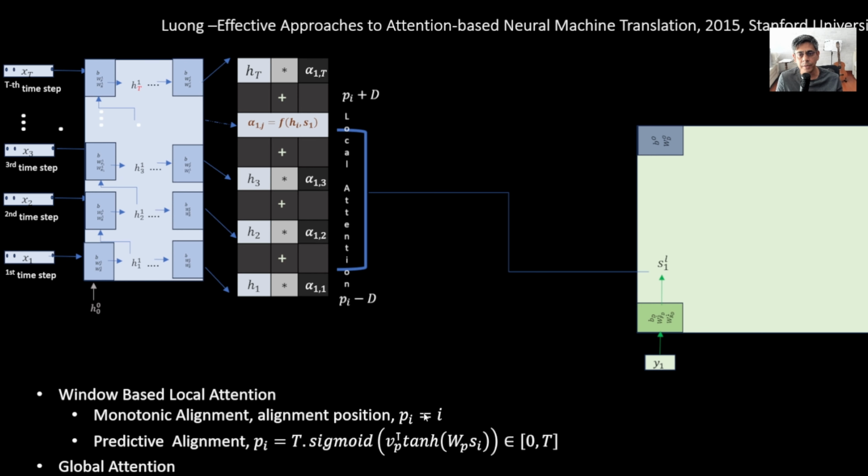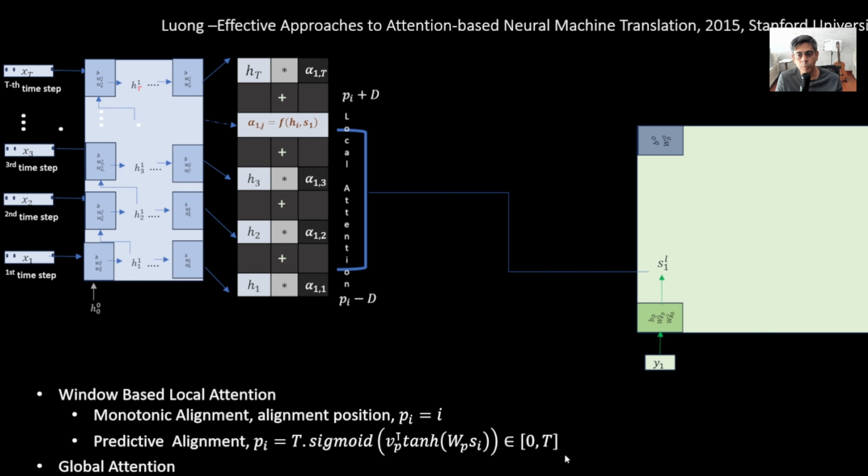So pi is equal to the ith step itself. That's the monotonic alignment. The second way the position can be determined is by a learned prediction of the position, wherein there is no assumption of one-to-one correspondence, but the system learns from a neural network, which is here. You can see there is a Wp. This weight is learned through a neural network and passed through a sigmoid activation.